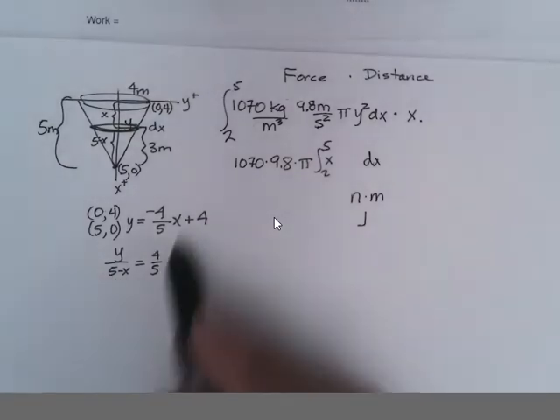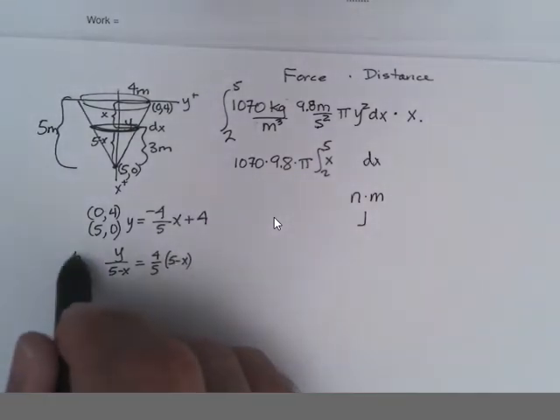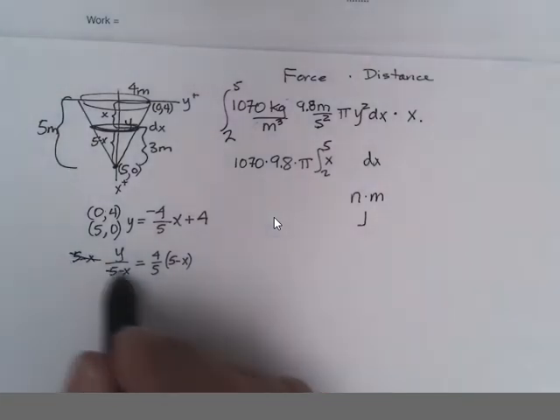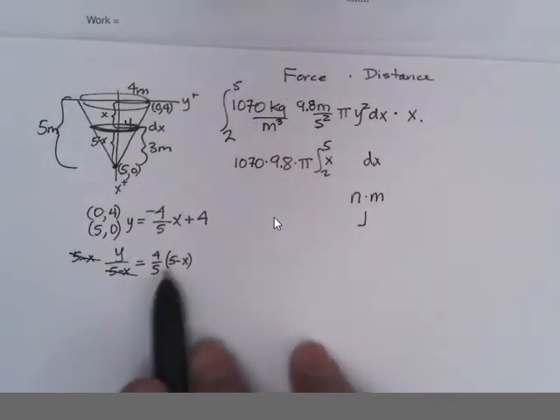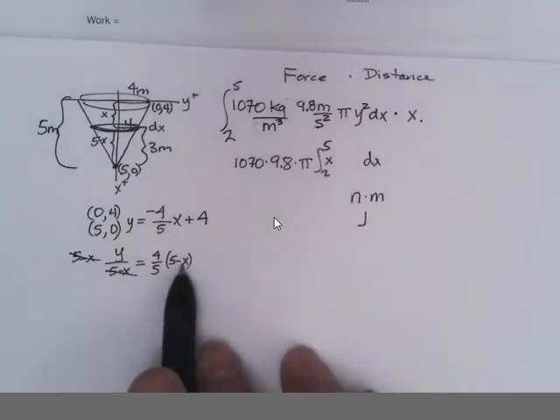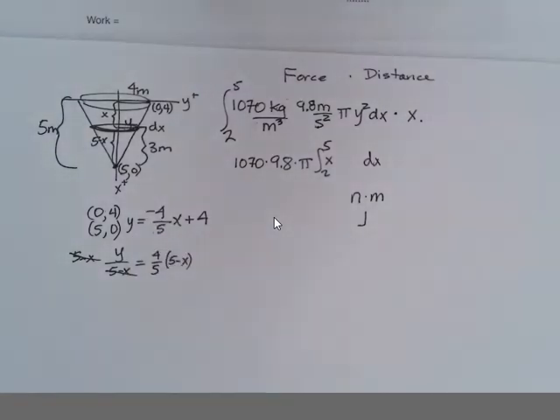And if I multiply both sides by 5 minus x, I get y equals 4/5 times 5, which is 4, and 4/5 times minus x, which is minus 4/5 x.